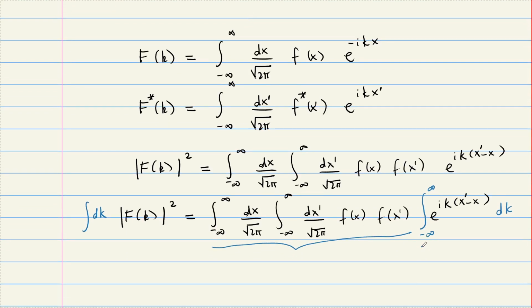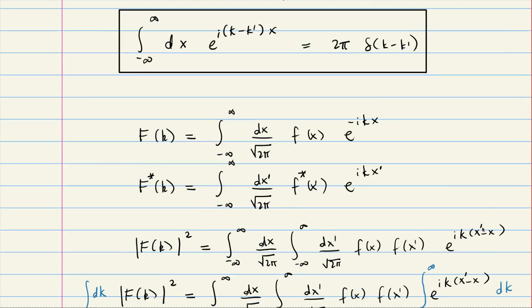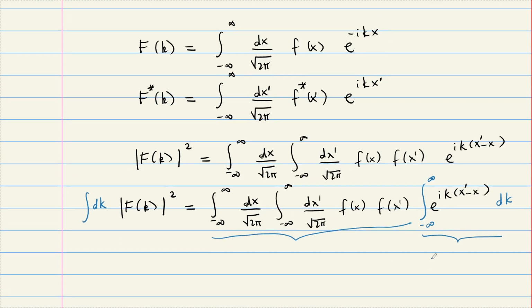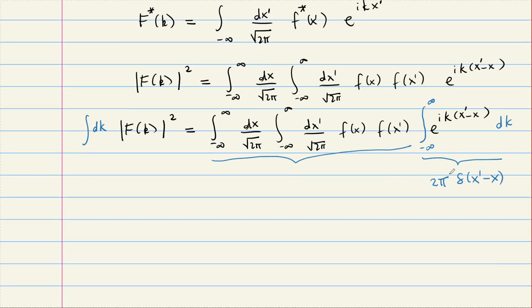I can just write exactly the same expression here. This is 2 pi delta of x prime minus x. Now this 2 pi is going to cancel these two, and this delta function is going to kill one of the integrals.